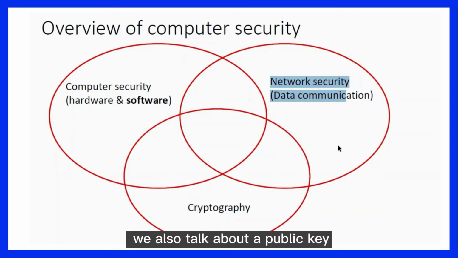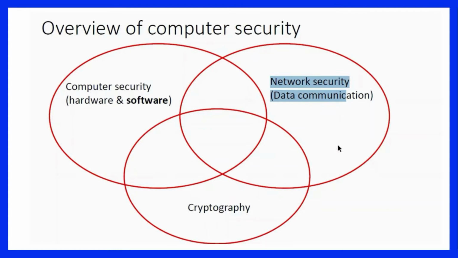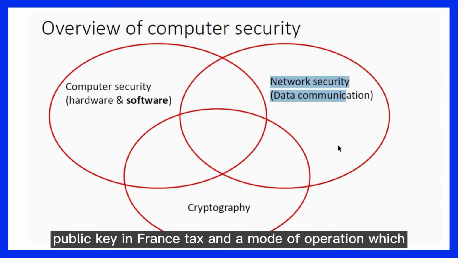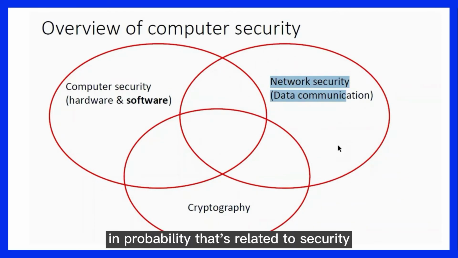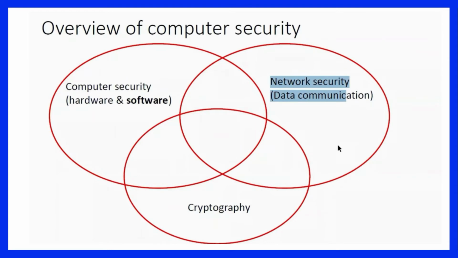We also talk about public key infrastructure and modes of operation, which you may not have learned in applied cryptography. That's related to security. Let's continue. Anytime if you have any questions, you can start talking.